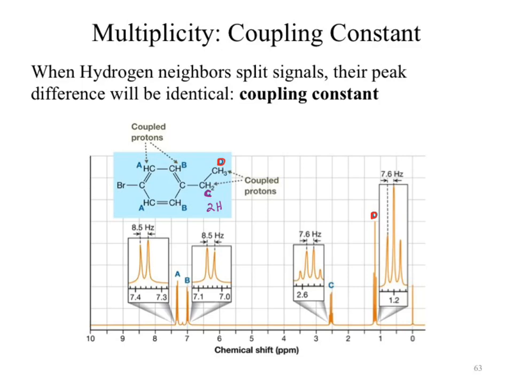So we would expect what kind of a signal? A triplet. So we see 3 peaks. Okay, so there's our splitting pattern. 1, 2, 3. And our C hydrogens see how many neighbors? 3, so we get 4 peaks. There's our 4 peaks.